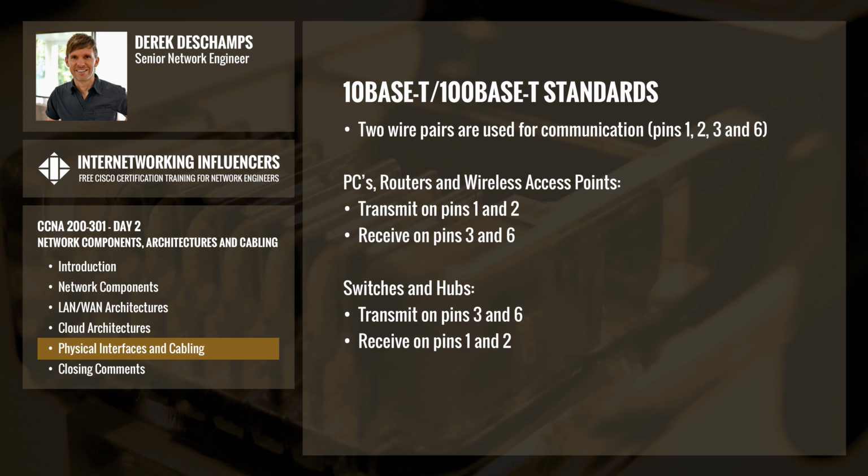The 2-wire pairs are connected to pins 1, 2, 3, and 6 of the RJ45 connectors. PCs, routers, and wireless access points transmit on pins 1 and 2 and receive on pins 3 and 6, while switches and hubs transmit on pins 3 and 6 and receive on pins 1 and 2.